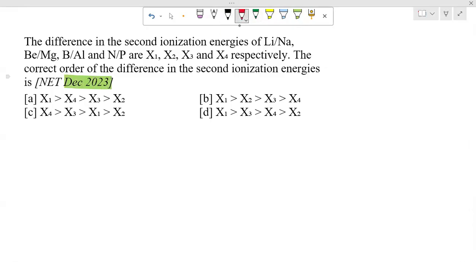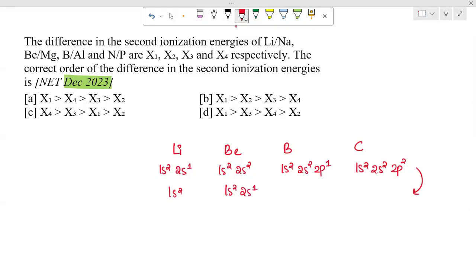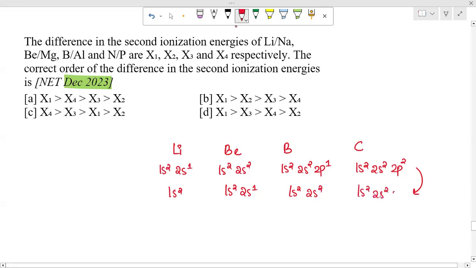So if we take lithium, beryllium, boron, carbon: 1s2 2s1, 1s2 2s2, 1s2 2s2 2p1, 1s2 2s2 2p2. After the first ionization energy, this becomes 1s2, 1s2 2s1, 1s2 2s2, 1s2 2s2 2p1.